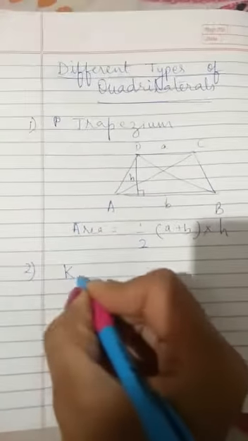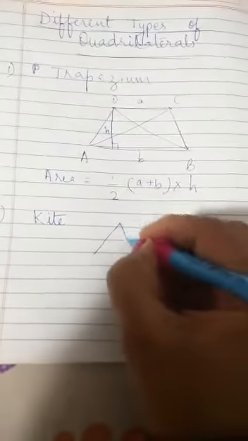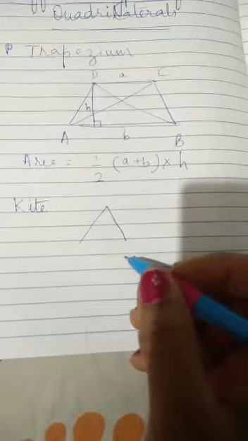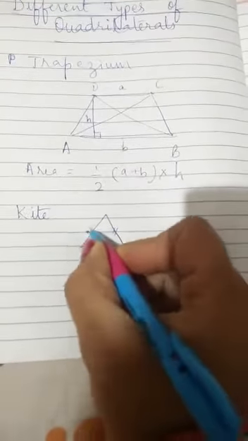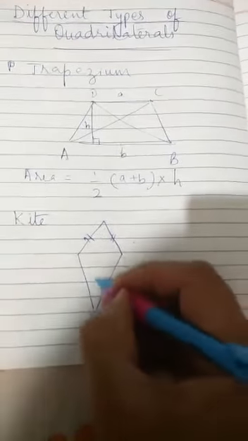Now, the second shape I am going to discuss is the kite. A kite is a special kind of quadrilateral which has the property that its pairs of adjacent sides are equal. So these two sides are equal and these two sides are equal.